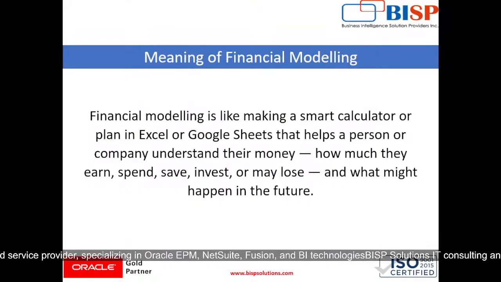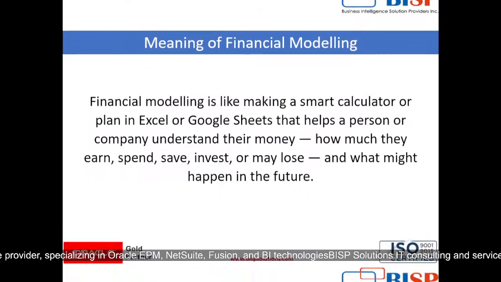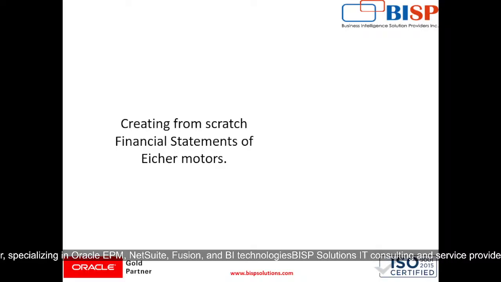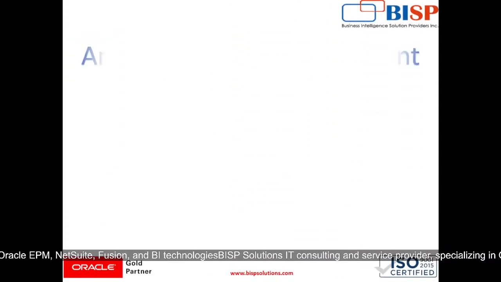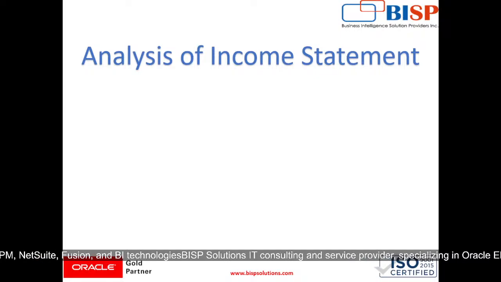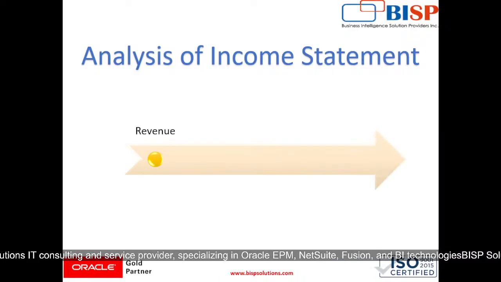Now coming to our PPT. So we have already made our financial statements of Eicher Motors from scratch. So through those financial statements, what we got to know that we should understand now, like analysis of income statement we will be taking. So first is revenue. Why are we analyzing the income statement first?